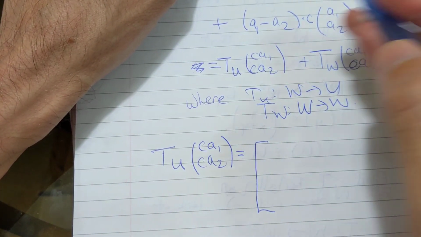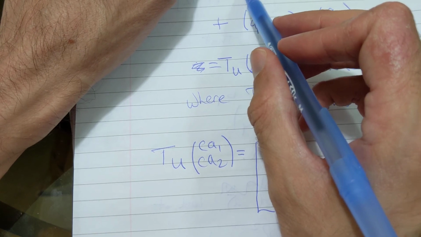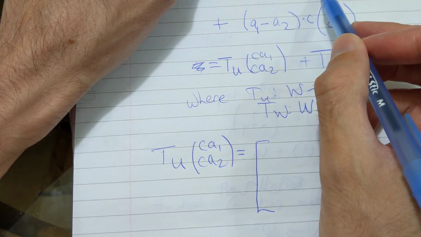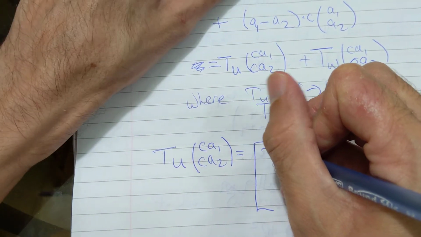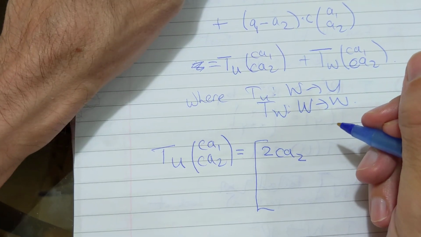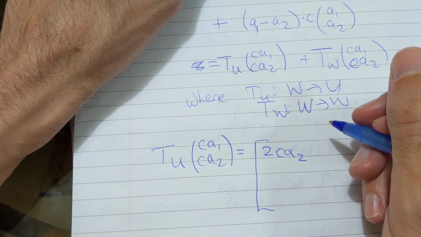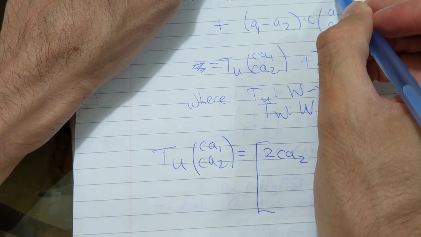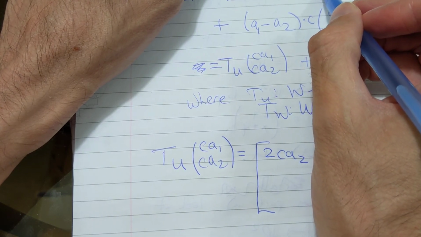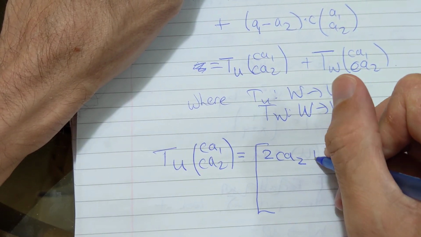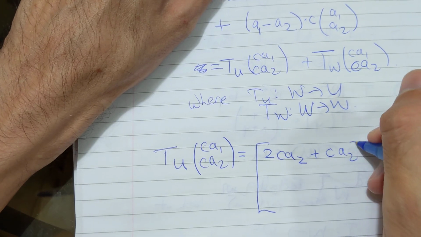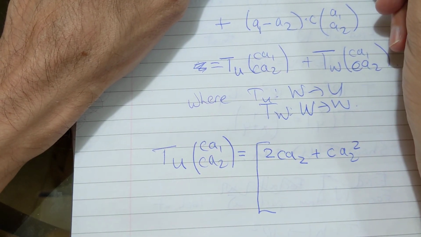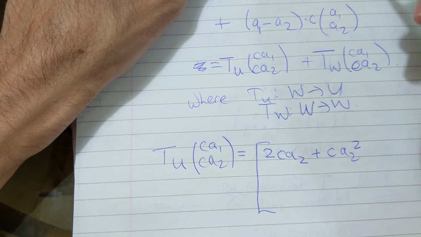So if I multiply everything out, I get 2CA2, and then I get 2CA2 squared, and then minus CA2 squared, so I get plus CA2 squared, and then I get minus CA2A1.